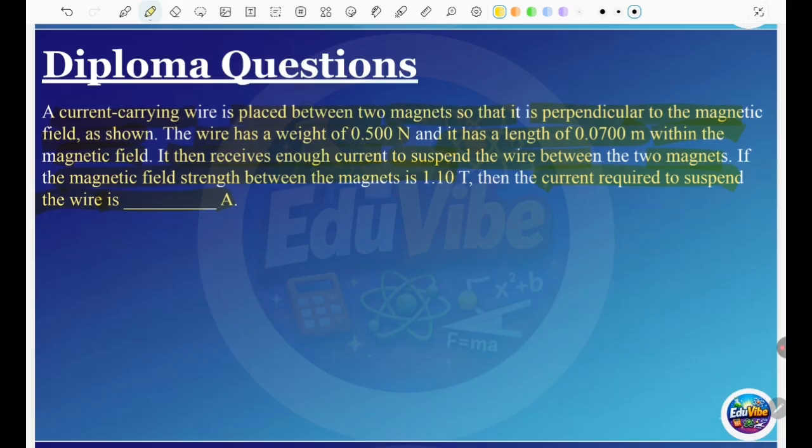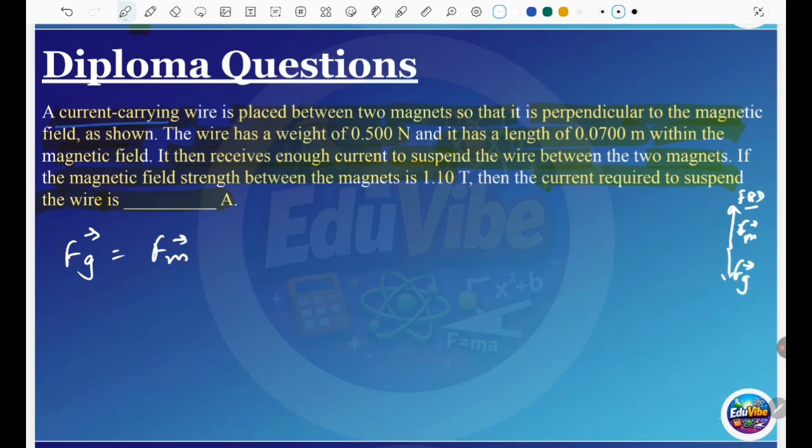For the current, we involve the magnetic field and the gravitational force, because the magnetic field and the gravitational force are perpendicular. For the current carrying wire, the relationship we use is Fg equals Fm. In the free body diagram, this goes Fm, and this is your Fg.